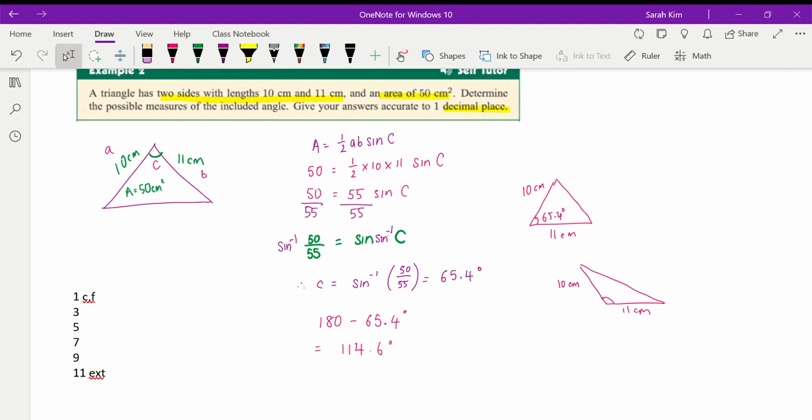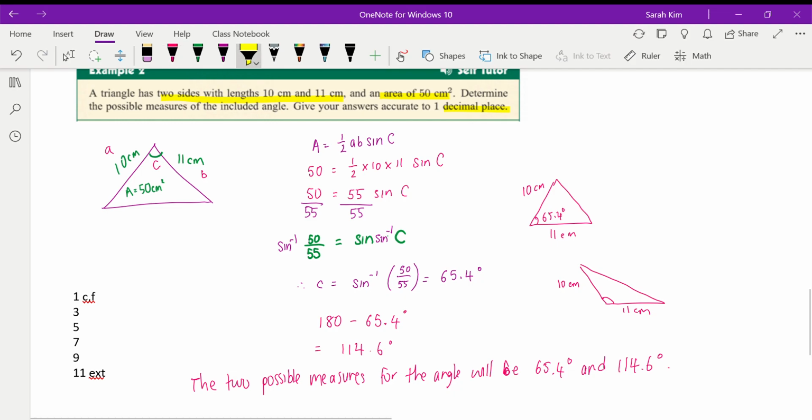So the two possible measures for the angle will be 65.4 degrees and 114.6 degrees, and that will do.